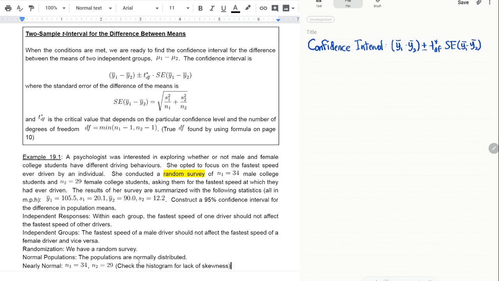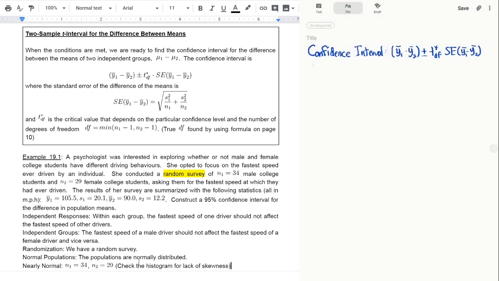Okay, so we're given that the average speeds are 105.5 and 90.0. And their standard deviations are 20.1 and 12.2.